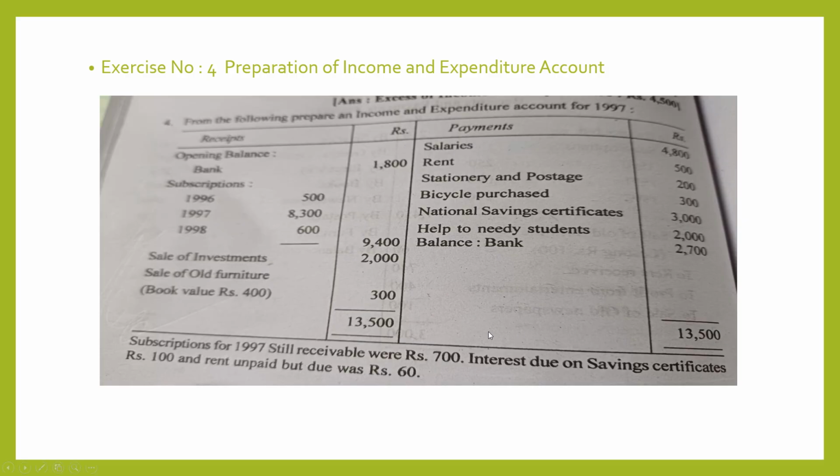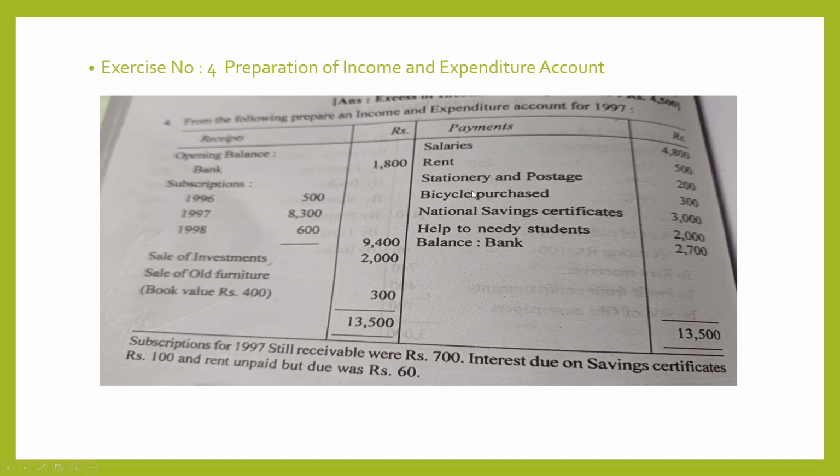Next, we move on to the preparation of income and expenditure account. I've done the fourth exercise. So with the following information, you have to prepare the income and expenditure account. Opening balance of bank is given. Subscriptions for all the years, like previous, current and future year, are given here. Sale of investments, sale of old furniture. So book value is given here, and then 100 rupees less, 300 is given here.